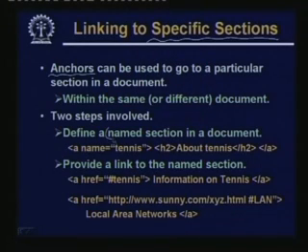Then in the hyperlink, I would be referring to the document with these names, so that automatically it can go there. Okay. So, the first step is to define a so called named section in a document. This can be done by using the anchor tag by using an attribute called name.